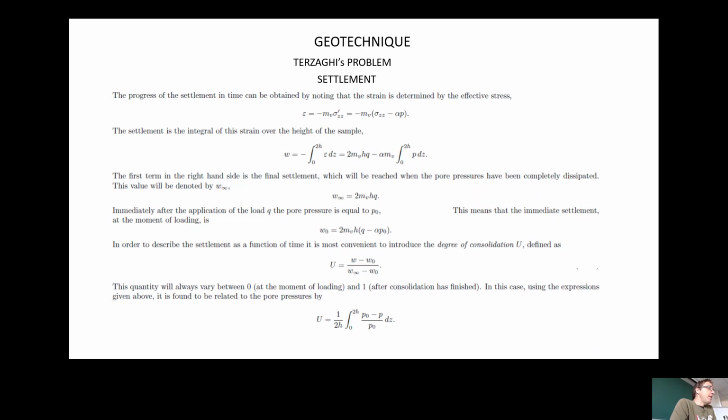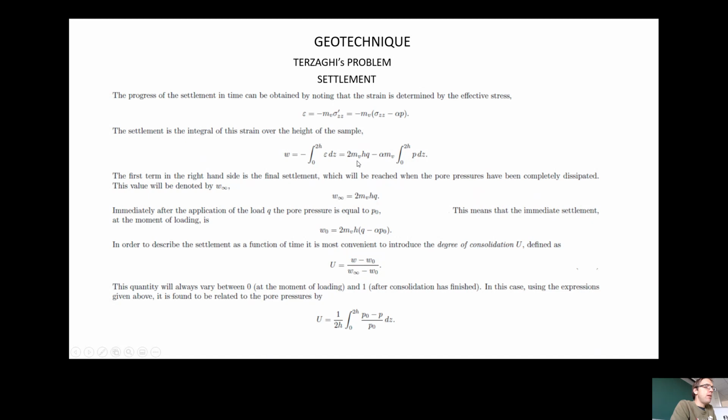So the first term on the right-hand side is the final settlement, which will be reached when the pore pressures are completely dissipated. This value will be noted by W infinite.